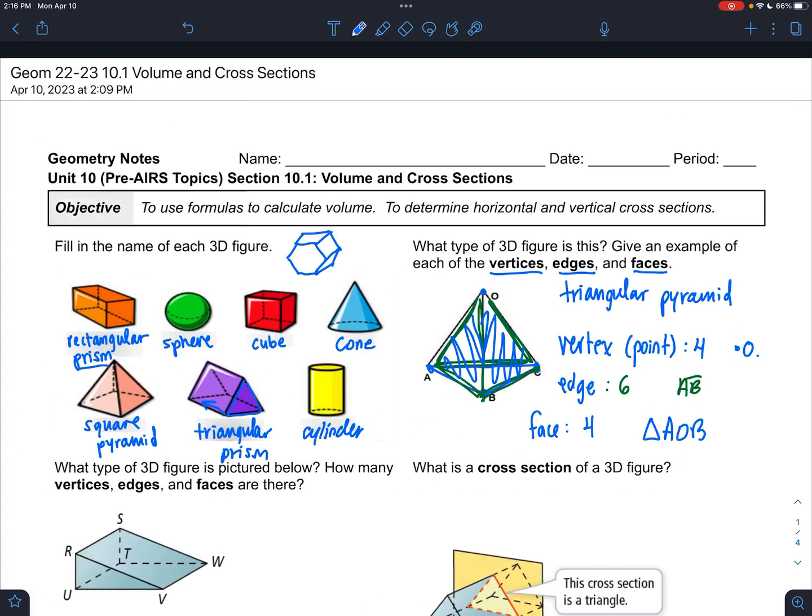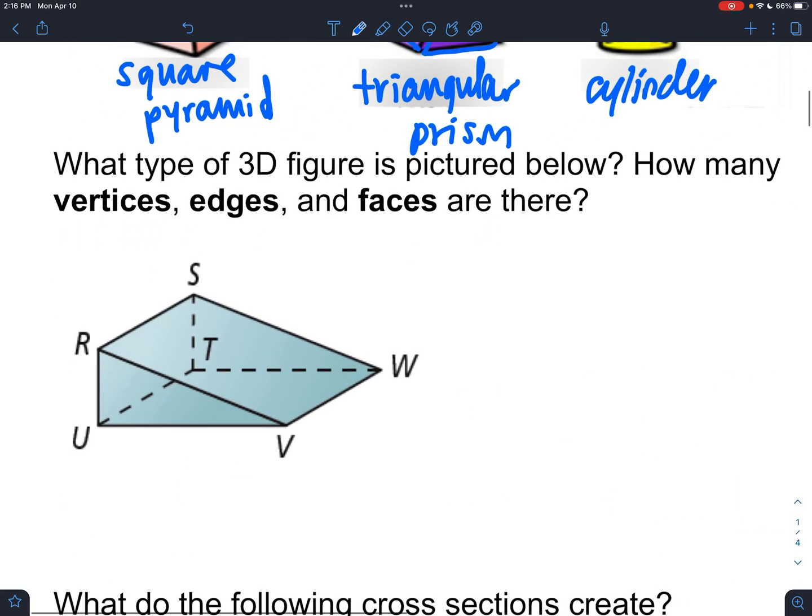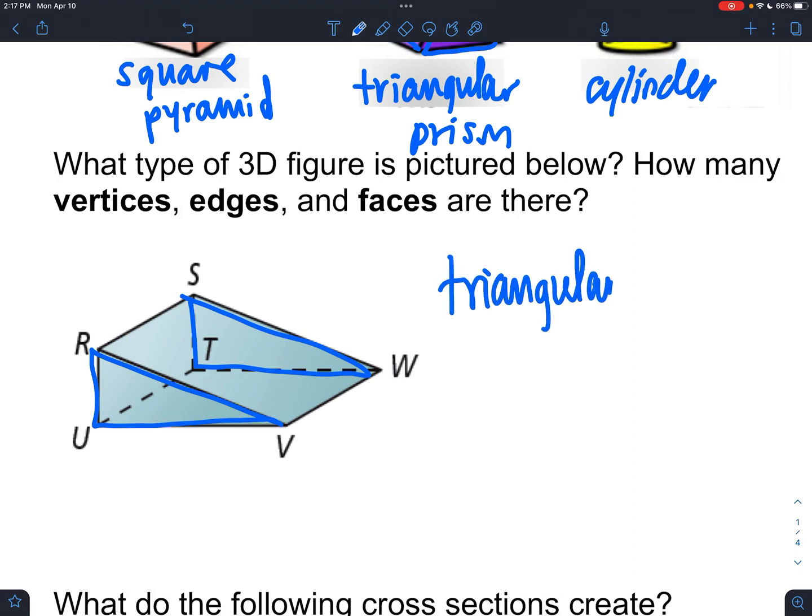All right. What about this one? Well, it is a right triangle, it looks like, that's been extruded or pushed back here. And we're talking about the space in between those two triangles. And so that makes this a prism. Okay. And the edges, I've already outlined 6 of the edges.